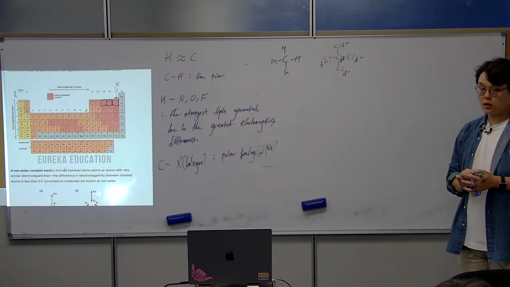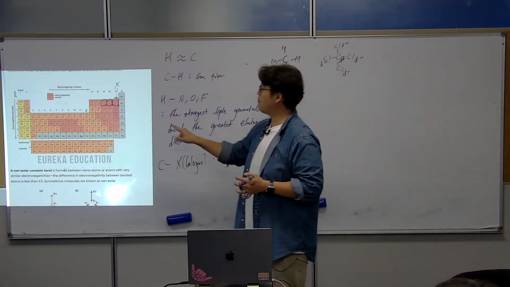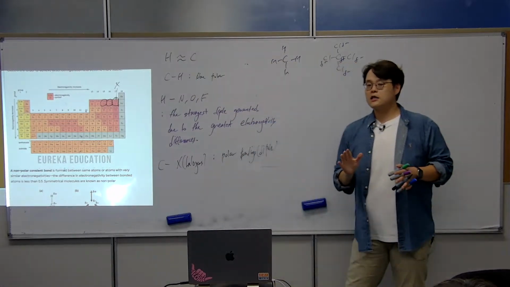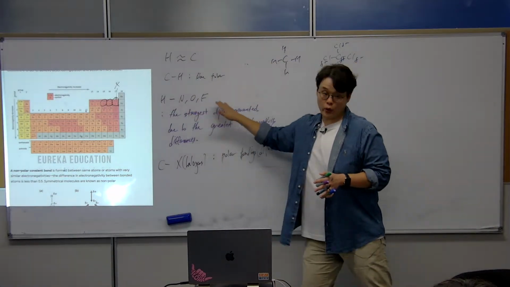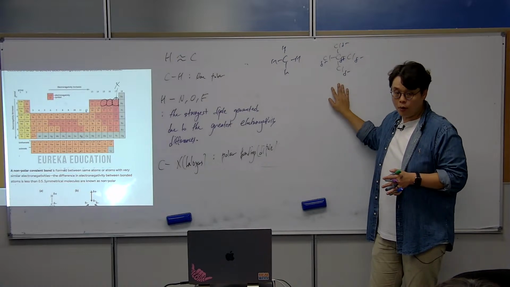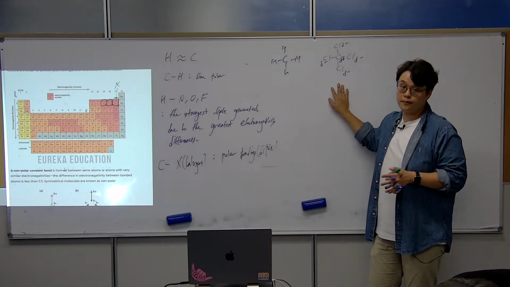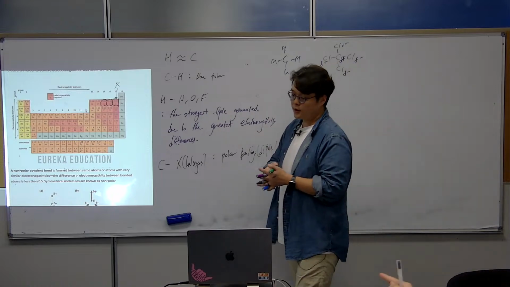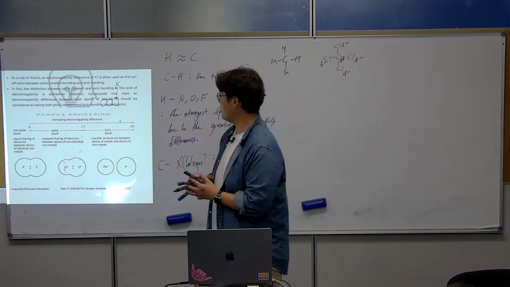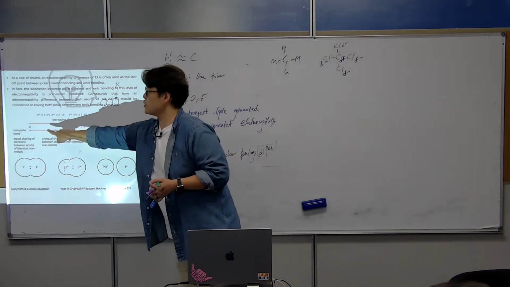Does it make sense? It's all because they have a massive electronegativity difference too, but not as much as the hydrogen to those over here. It'll be slightly polar compared to the hydrogens. Again, the standard for electronegativity of being polar or non-polar is 1.7, a difference of 0 to 1.7.